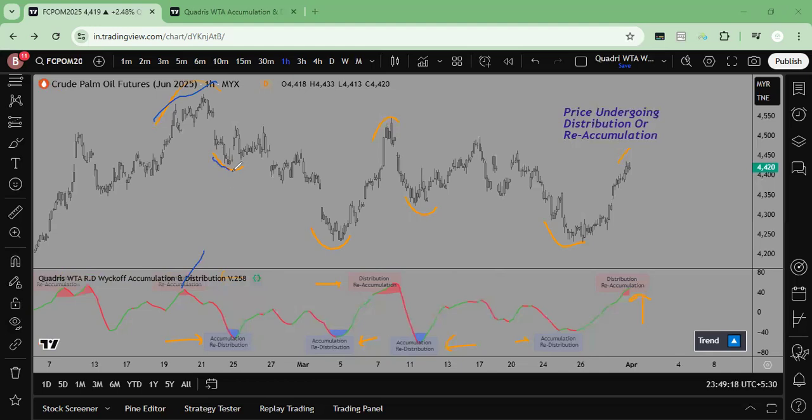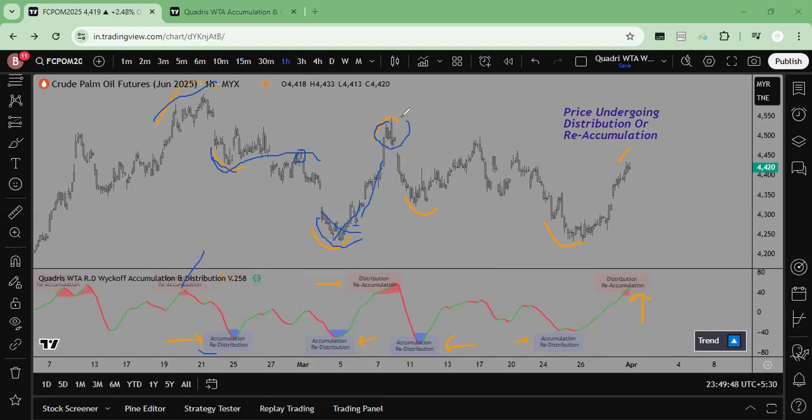Then we got accumulation or a redistribution. We got a redistribution LPS and then down she goes. Now we got accumulation, and after accumulation we got another LPS over here, and up she went.